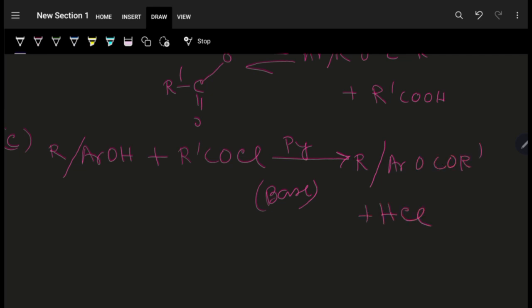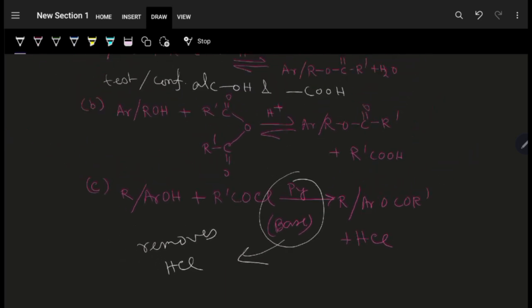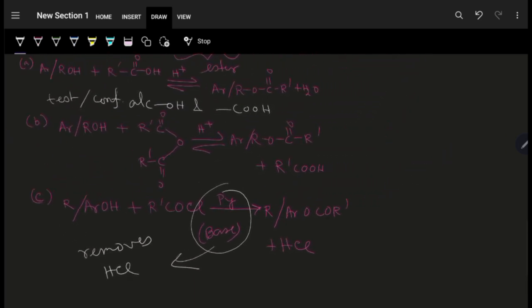Do remember that this organic base pyridine helps in the removal of HCl to give a better yield of the ester. And these are the three reactions by which you can obtain ester.